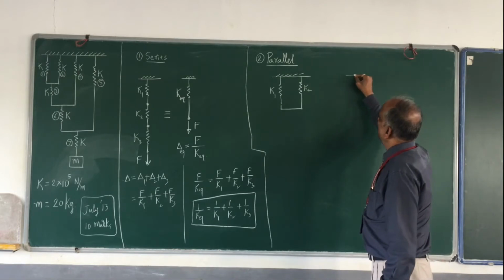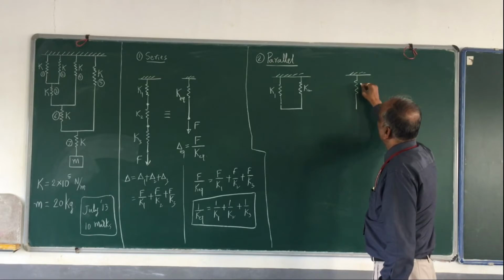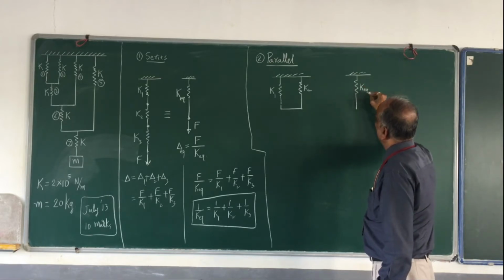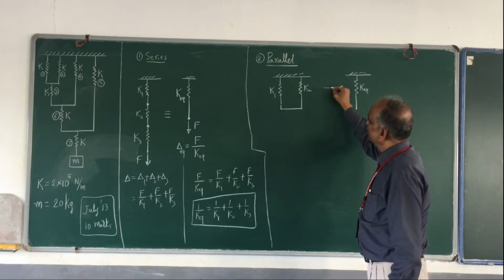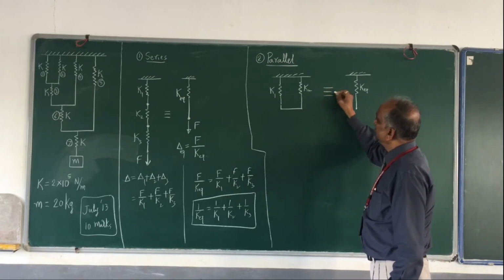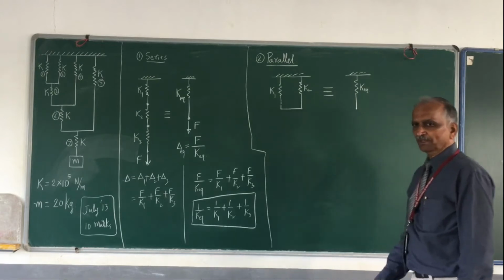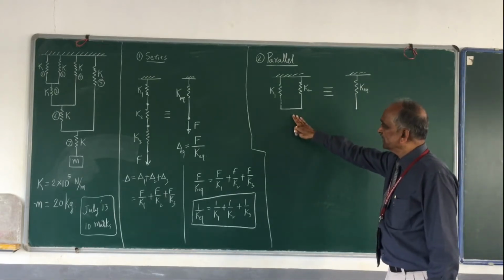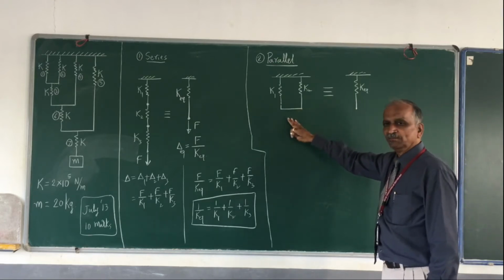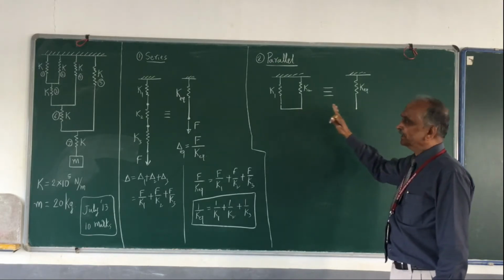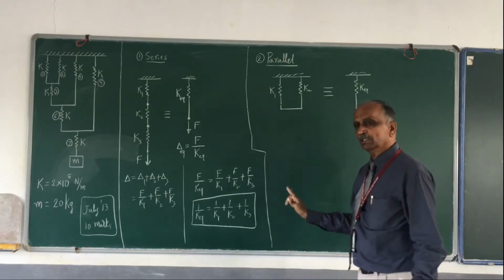So now I have another system in which I have only one spring and this is K equivalent. So this is one arrangement, this is another arrangement, and I say that these 2 are equivalent to one another. When I apply the same force here and here, if I find the same extension here and here, then I say that the 2 systems are equivalent to one another.